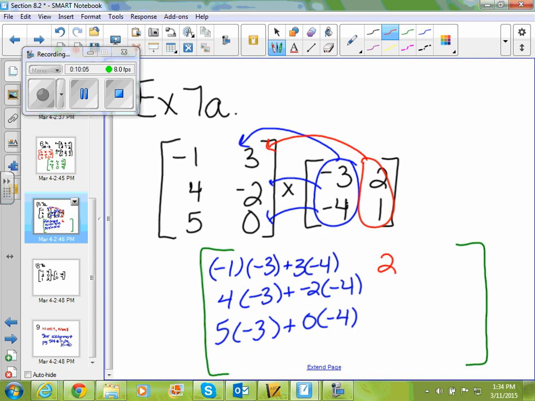So negative 1 times 2 plus 3 times 1. Then if I take it to my second row, 4 times 2 plus negative 2 times 1.